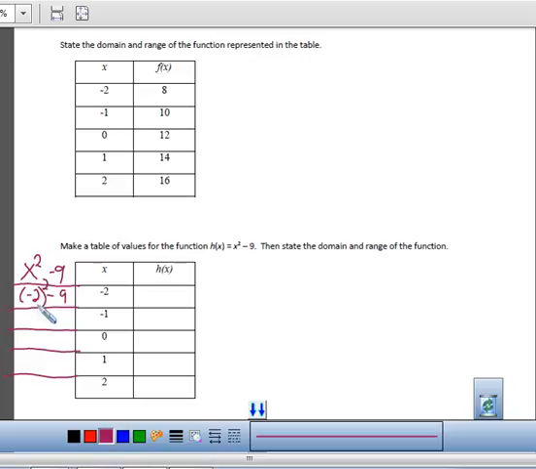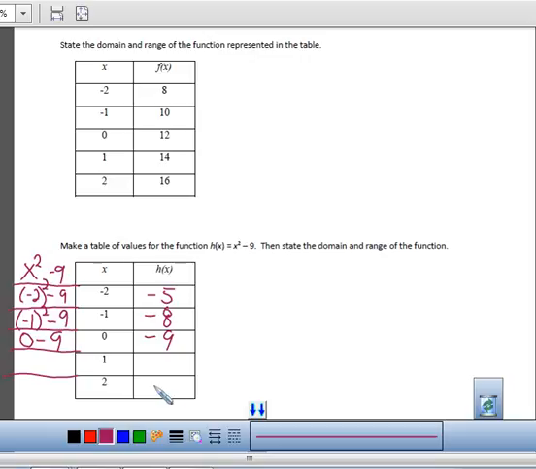Well, negative 2 times negative 2 is positive 4. Positive 4 minus 9 is negative 5. Then we have negative 1 squared, which is 1, minus 9, negative 8. Then we have 0 squared minus 9, negative 9.